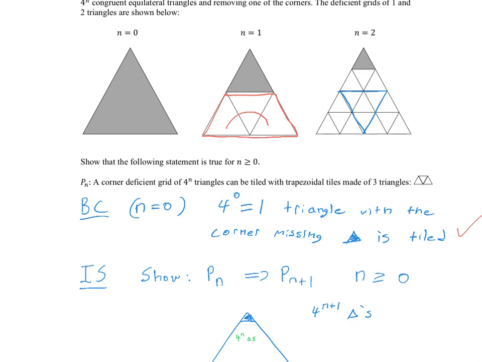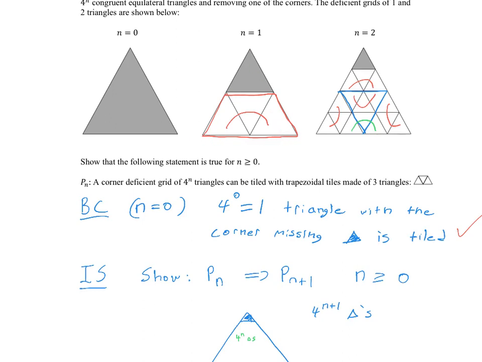And then we placed one trapezoidal shape right at the bottom in the middle part to make all 4 of the triangular subsections deficient subsections. And now we can individually tile those by placing in one trapezoidal shape in the exact same way we did in the previous step.